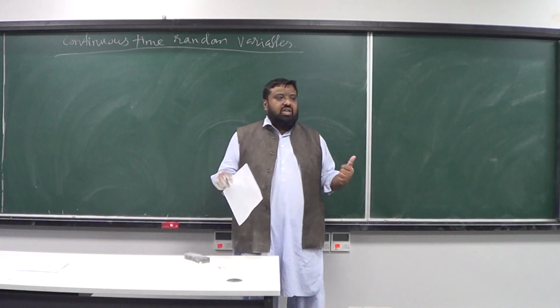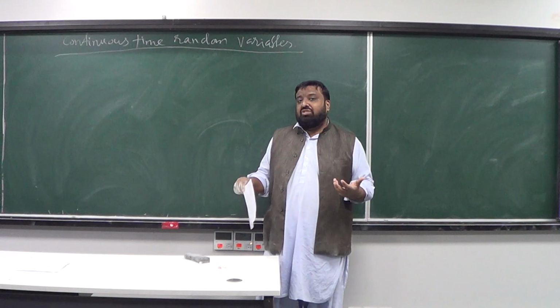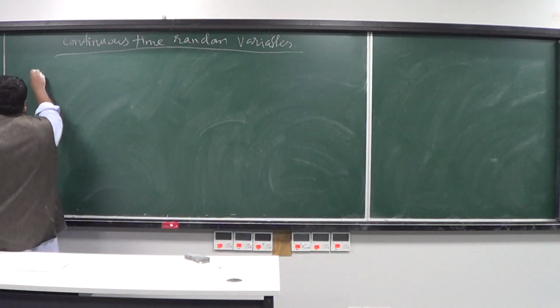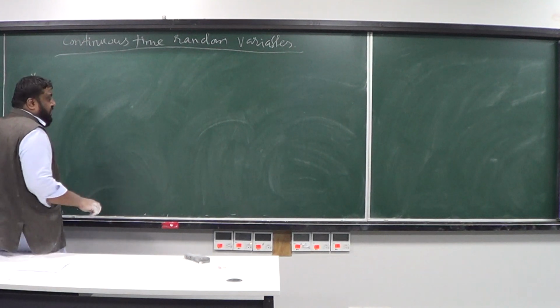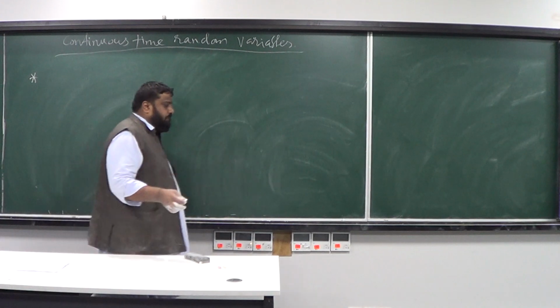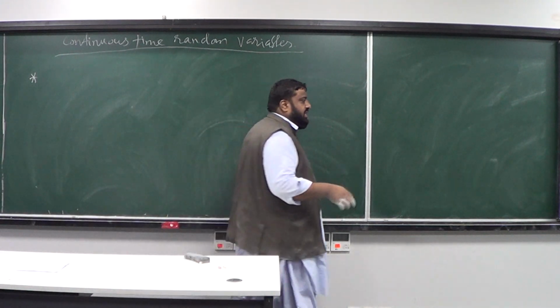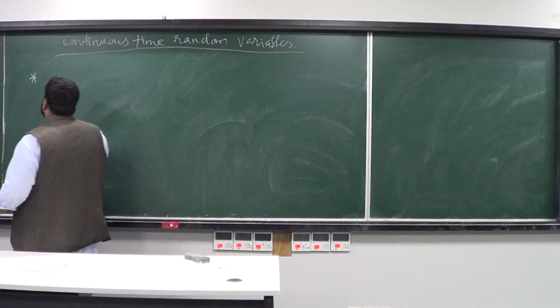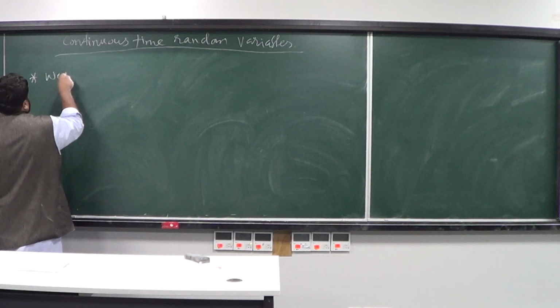Now the randomness is not always discrete actually. It could be continuous as well. For example, what could be the continuous time random quantities? So for example, waiting times, okay.